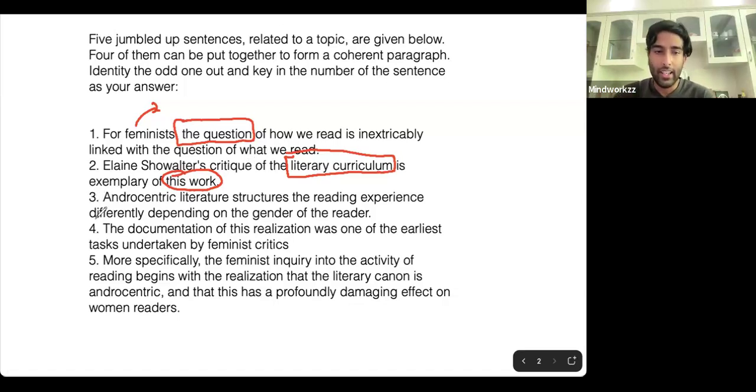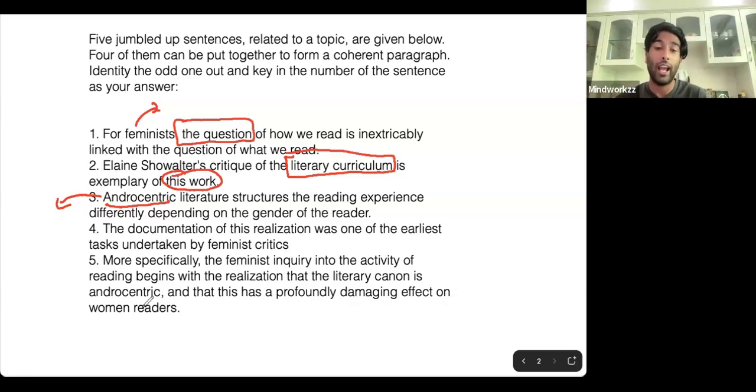The third sentence says androcentric. Androcentric means related to male centric, something which is centric to males. For example, let's say there's a medical study about humans, and to come to a conclusion, they use only male subjects to experiment on.